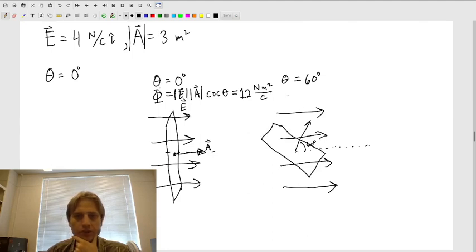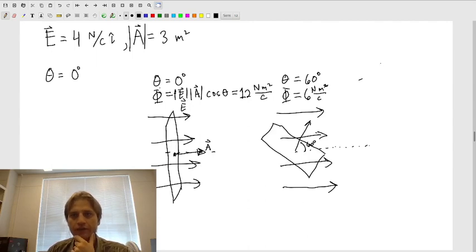And the way to picture it is that in this case, fewer electric field lines are going through. So again, I would take 4 times 3, which is 12, times cosine of 60. Cosine of 60 is 1/2, so this would give me 6 newton meters squared per coulomb.